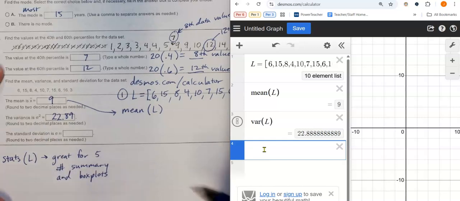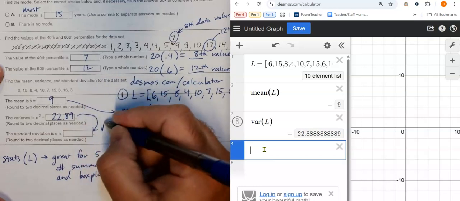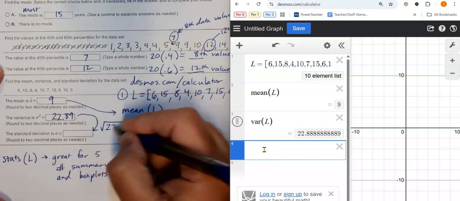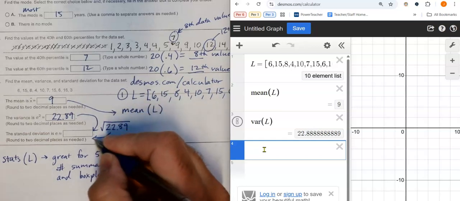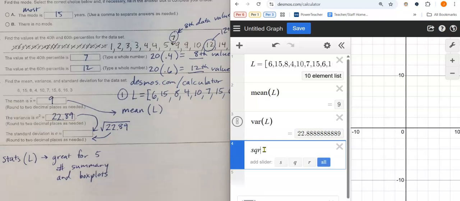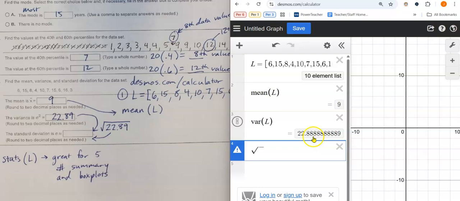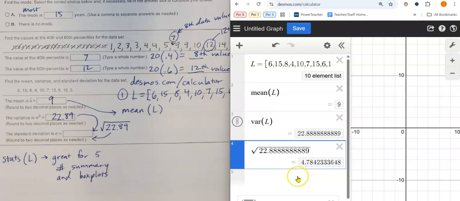Square root, right. So to go from this one to this one, we need the square root of that 22.89. 0.78.